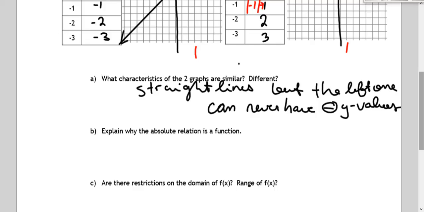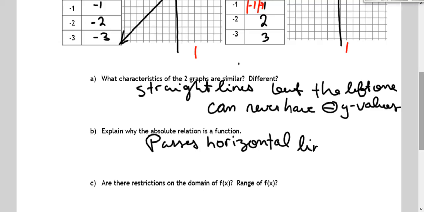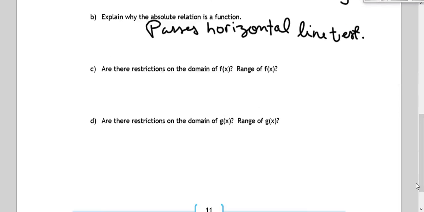Why is the absolute value relation a function? Well, if we remember correctly, it passes the horizontal line test. Are there restrictions on the f of x or the range of f of x?